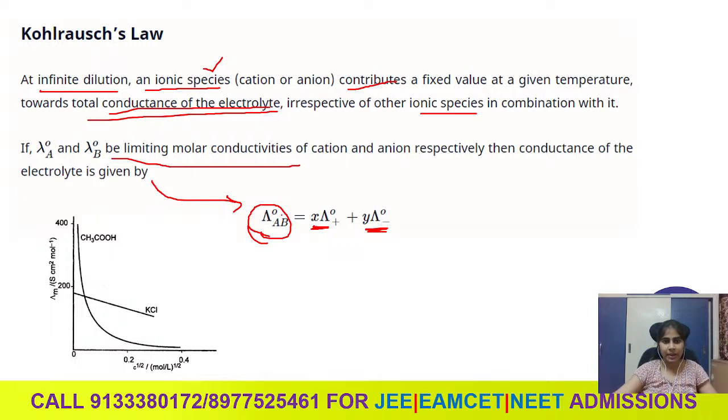On combining this cation and anion we get a solution of lambda naught of A and B, by the combination of X molar of lambda naught of the ions A and B. Similarly, Y moles of lambda naught of solutions.